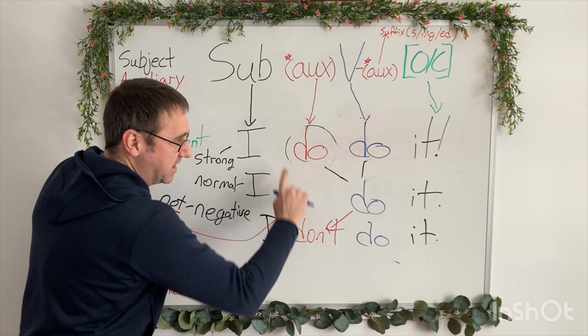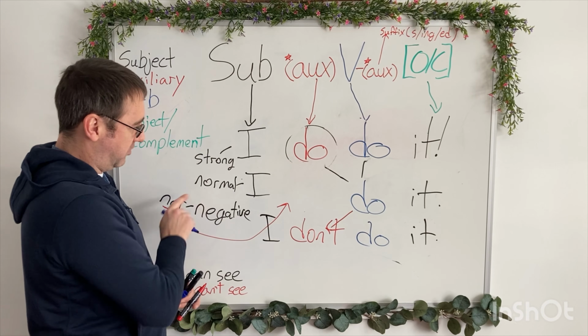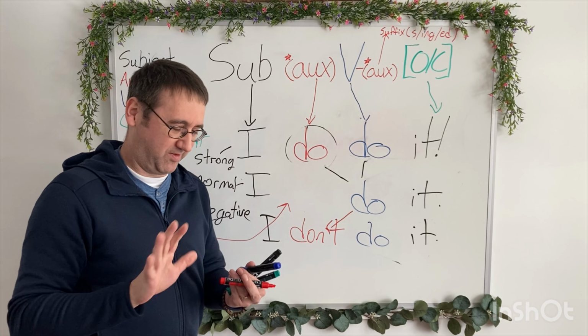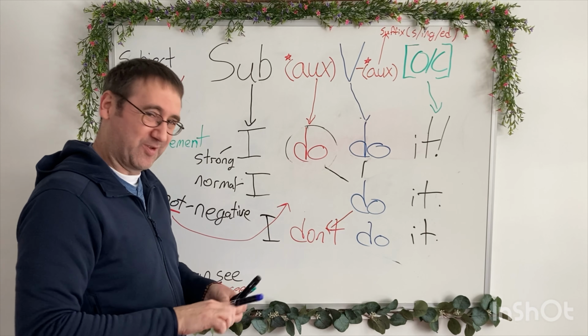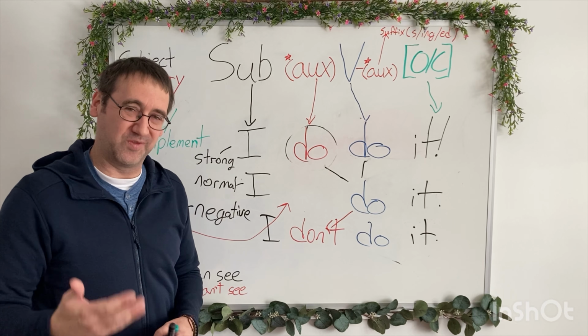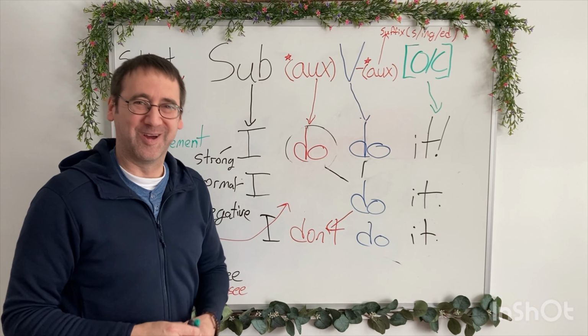And you're just moving it, right? So it's always here: strong, normal, negative, okay? Now, do is a hard one, so I'm kind of starting you off in a very difficult situation, but don't worry, we've got a few more examples in this first video, and we'll see how it goes from there, okay?